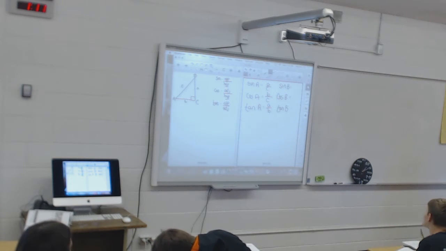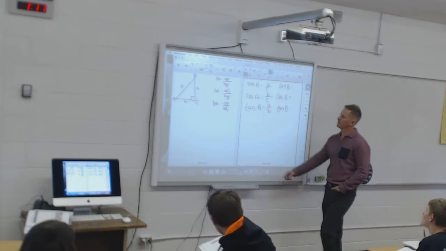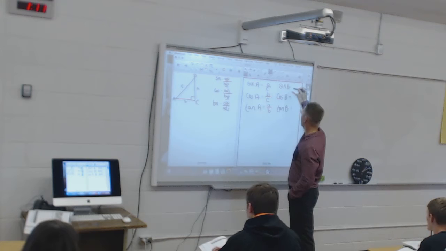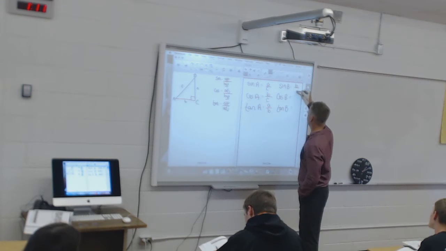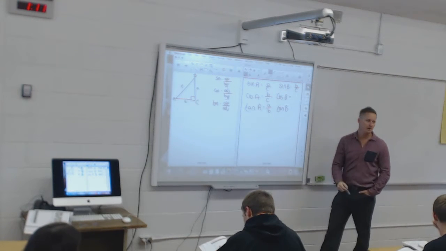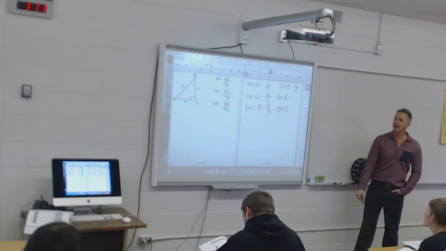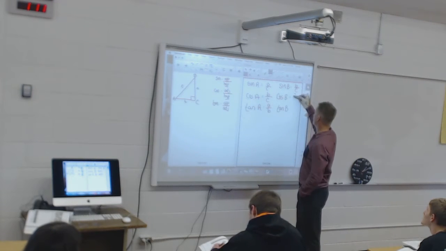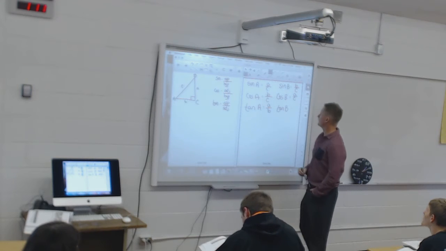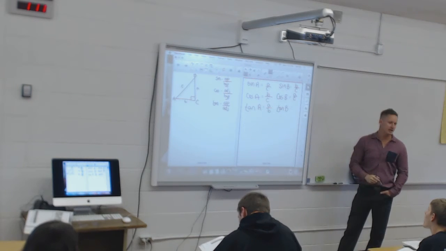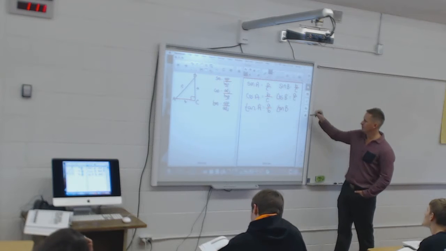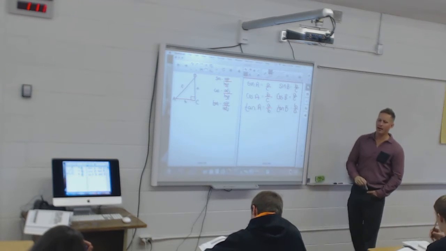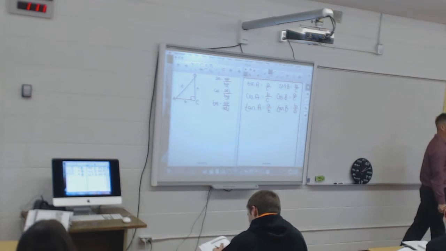The side across from angle B is B. So this is B over my hypotenuse, which stays the same, C. What's the side next to angle B, the adjacent side? A. So this ratio is A over C. And then the tangent ratio would be B over A. Okay?